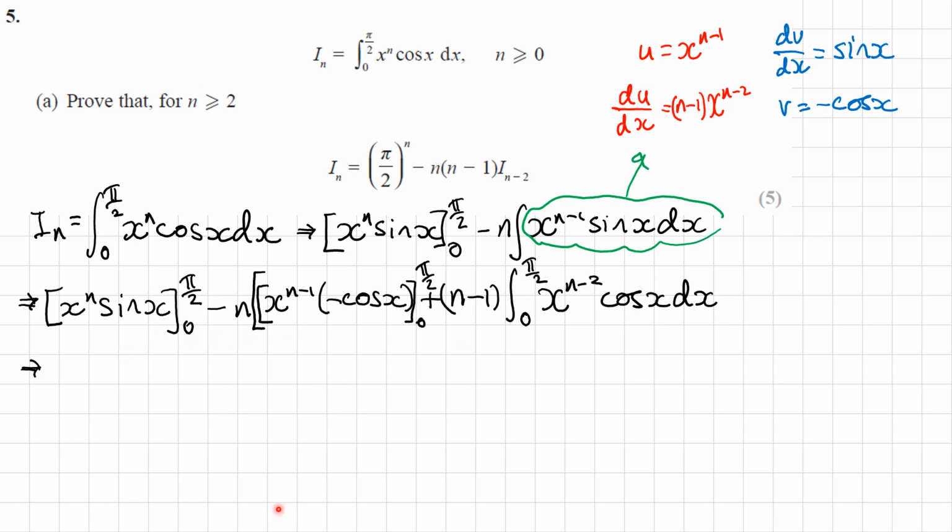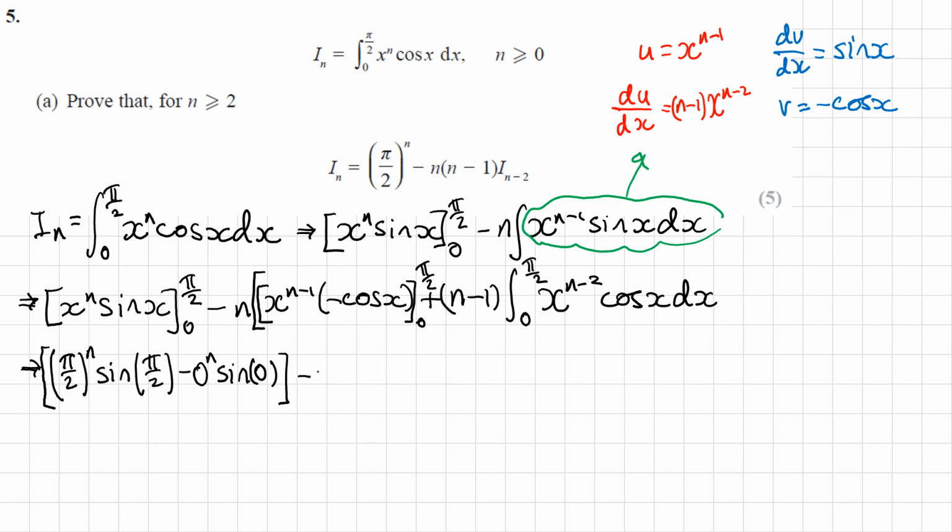So let's start here. We'll have pi over 2, so we're putting that limit in first, to the power n, and then times sine pi over 2, and then minus, I'll put it all in actually, even though it's going to become nothing, 0 to the power n sine 0. Okay, so that's all of that first bit done.